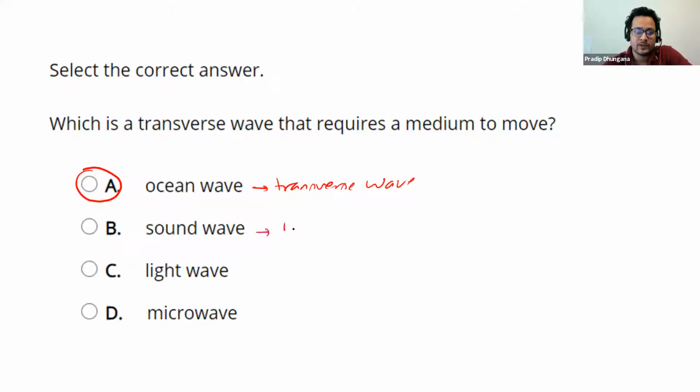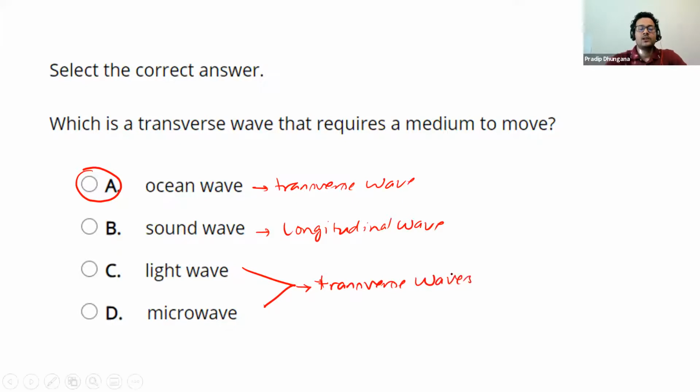Sound wave is a longitudinal wave, and both light wave and microwave are transverse waves, but they don't require a medium to move. So the correct choice is A, ocean wave.